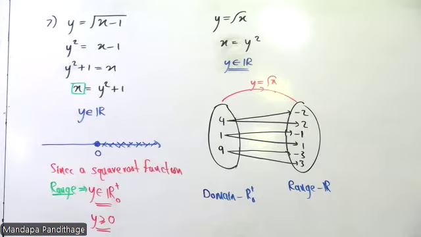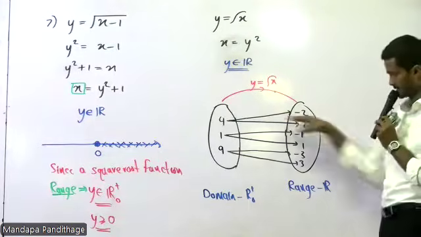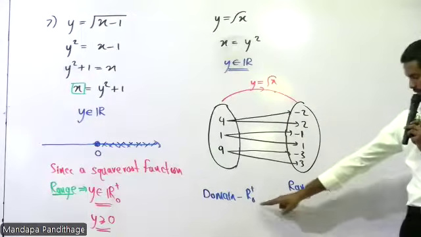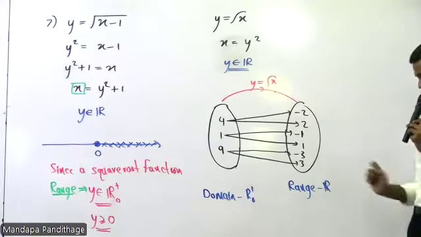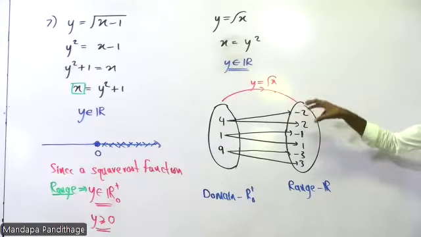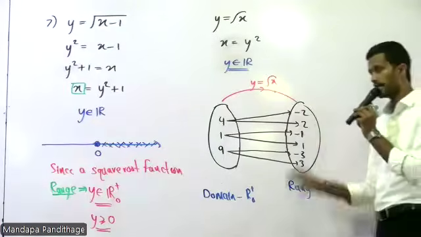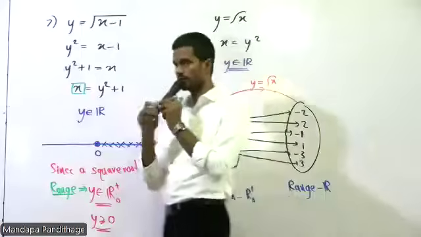Okay, so draw these two sets and take this. Here the domain is R naught plus, the positive real number set. Range is the entire real number set. Okay, write in this way.